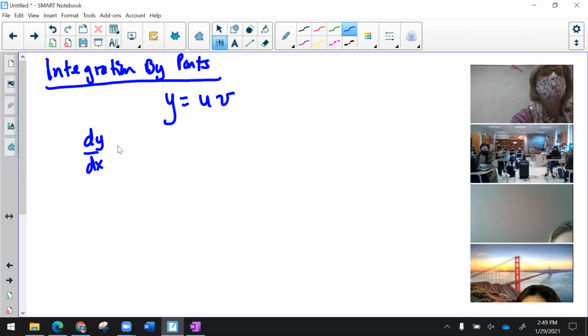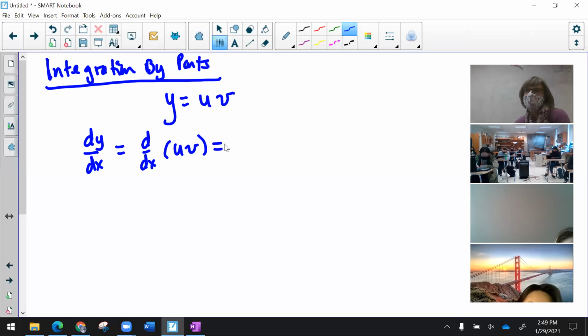Everything's a function of x. So I have dy dx, and that's really going to be d by dx of uv. So it could be, you know, x squared times cosine x or something. And then I'm going to use the product rule.